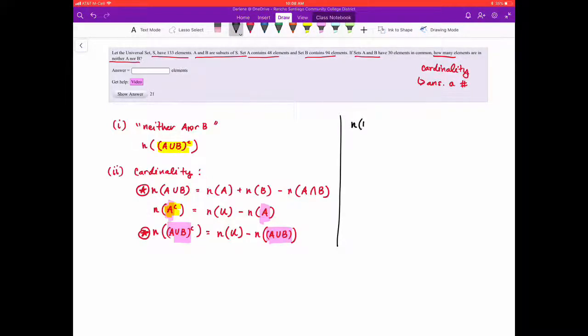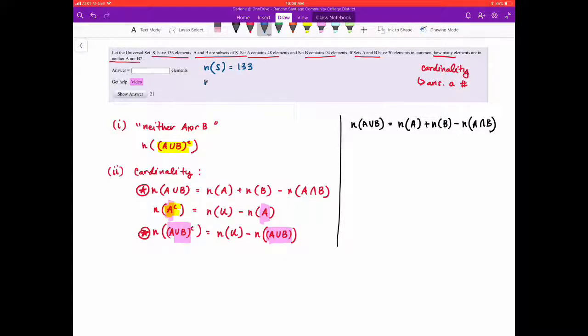Okay, so let's see what this looks like. The number of elements in A union B is going to be equal to the number of elements in A plus the number of elements in B minus the number of elements in the intersection. It is given that the universal set S has 103 elements.